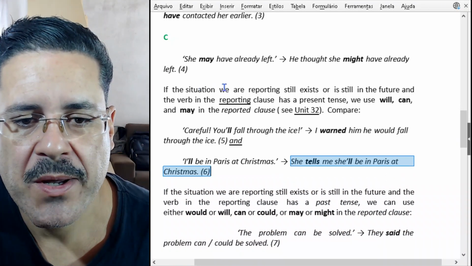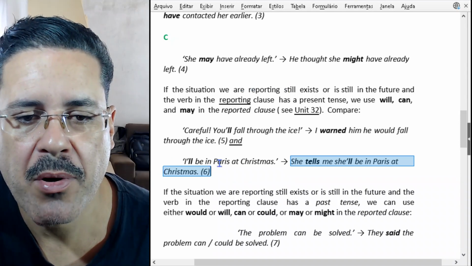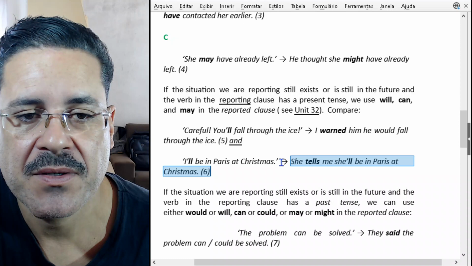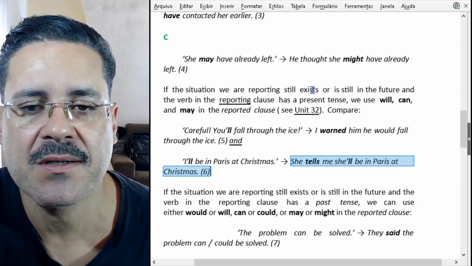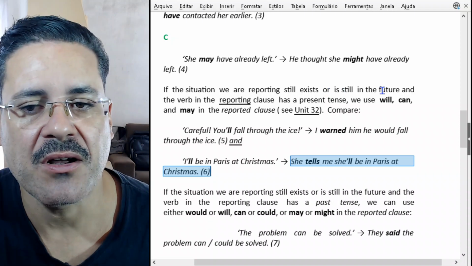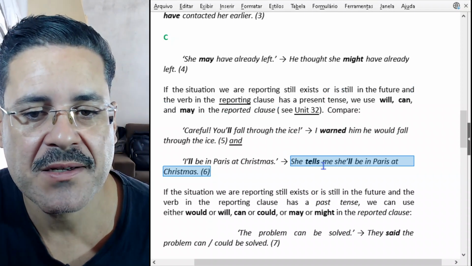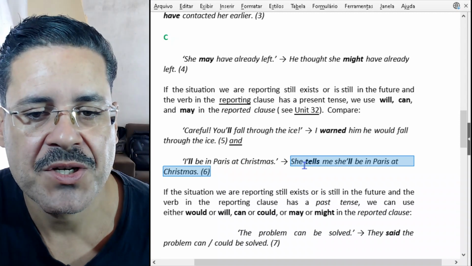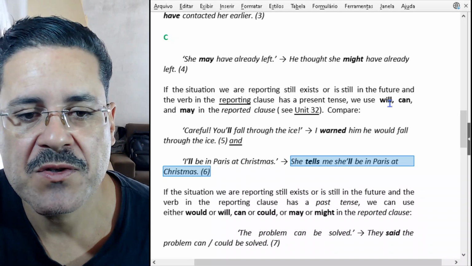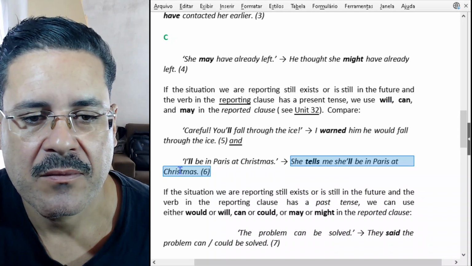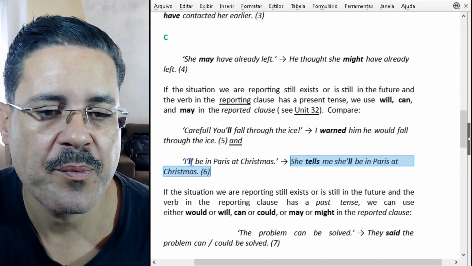For example, I will be in Paris at Christmas. She tells me she'll be in Paris at Christmas, we use will, can and may in the reported clause.